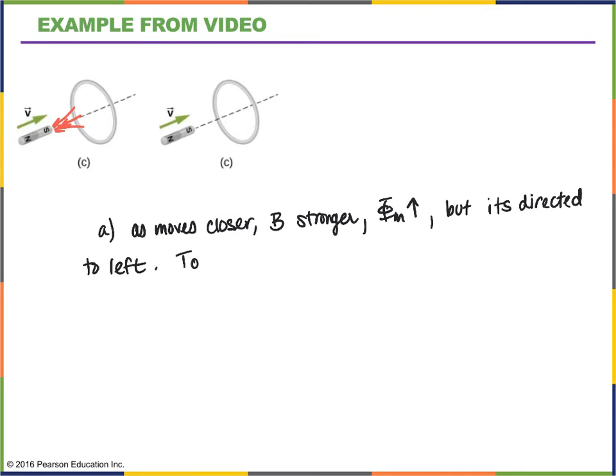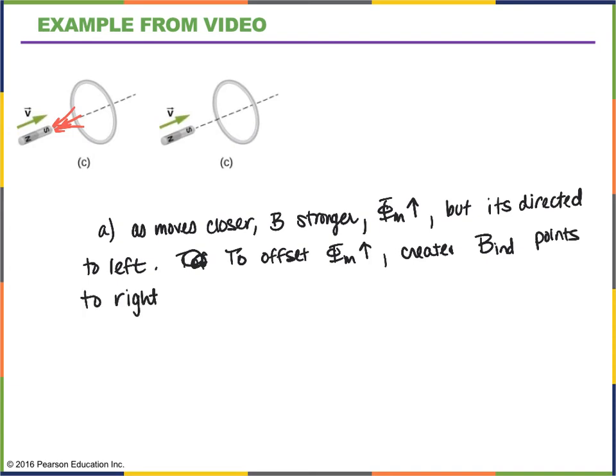And so to offset the increase in the magnetic flux, we actually want to create a magnetic field that's induced that points to the right. So we want to create a magnetic field like that to offset the increase.